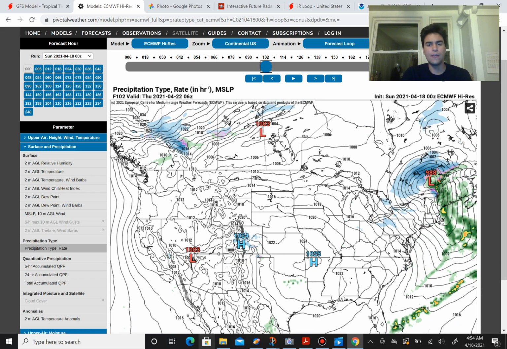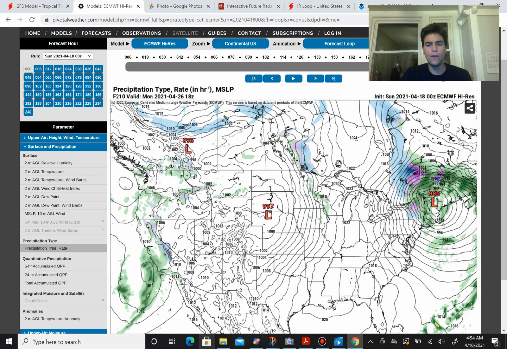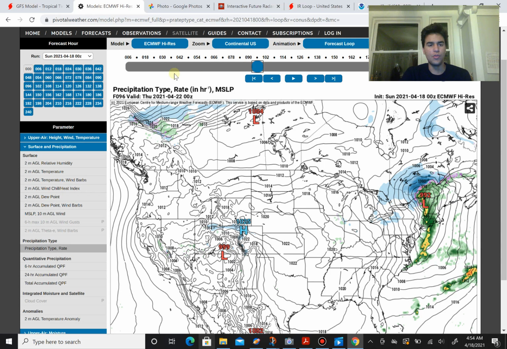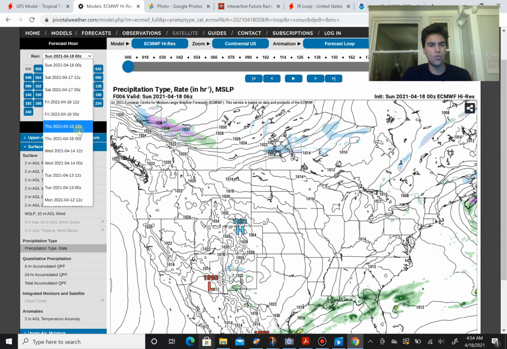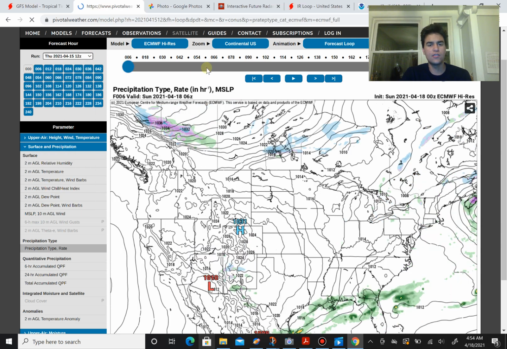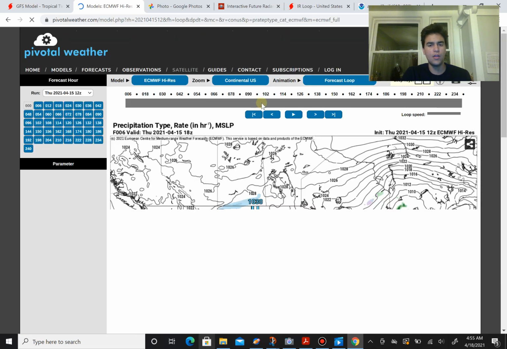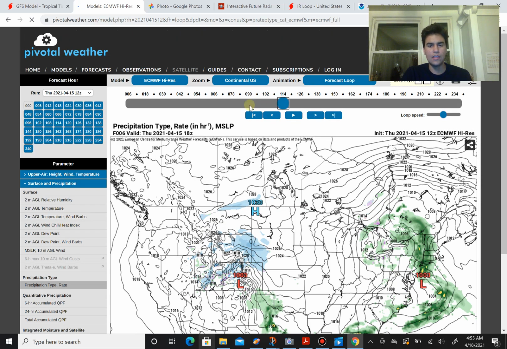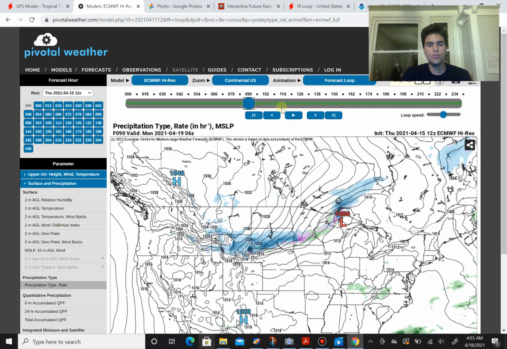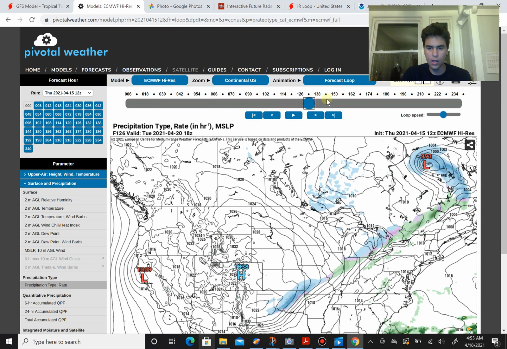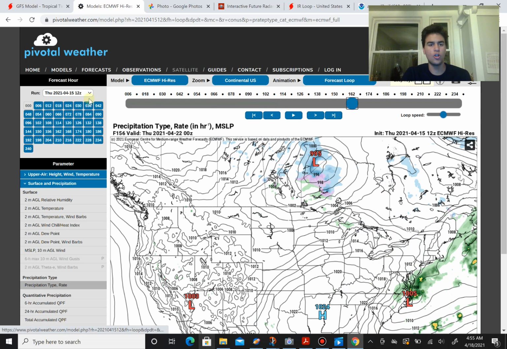So if we compare the previous loop from around 24 hours from now, Thursday's loop, you're going to see that the European model was forecasting a little bit more of that snow to stay further northward.